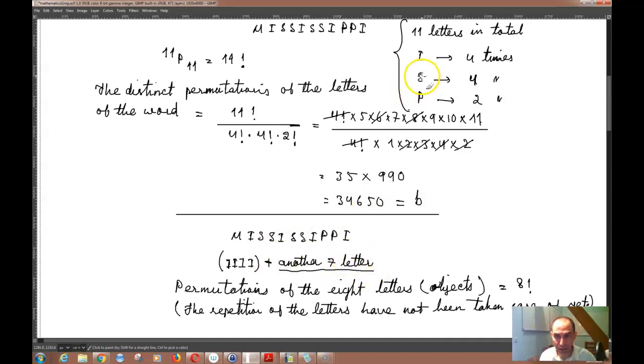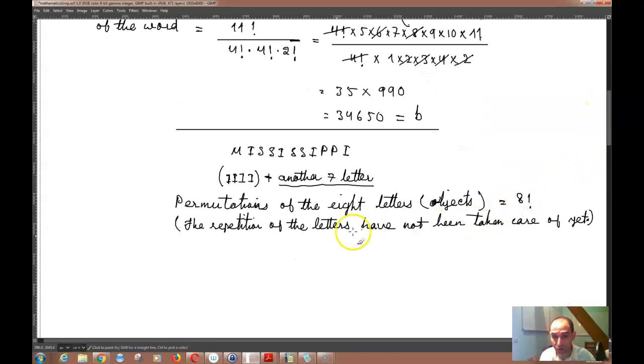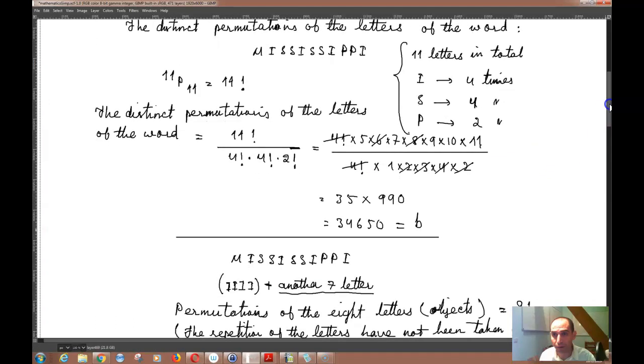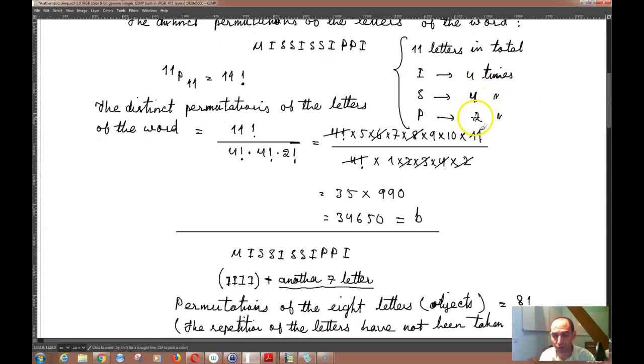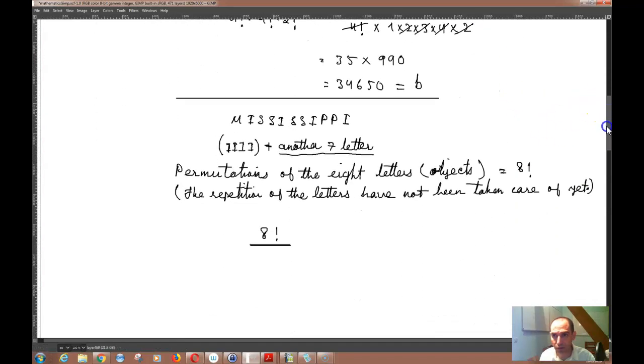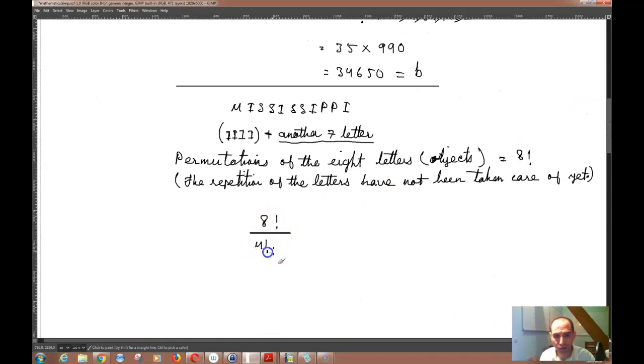So you know that S has been repeated 4 times and P has been repeated 2 times. So I have to take this 8 factorial and divide it by 4 factorial and 2 factorial in order to take the repetition of these 2 letters out. So 4 factorial times 2 factorial.